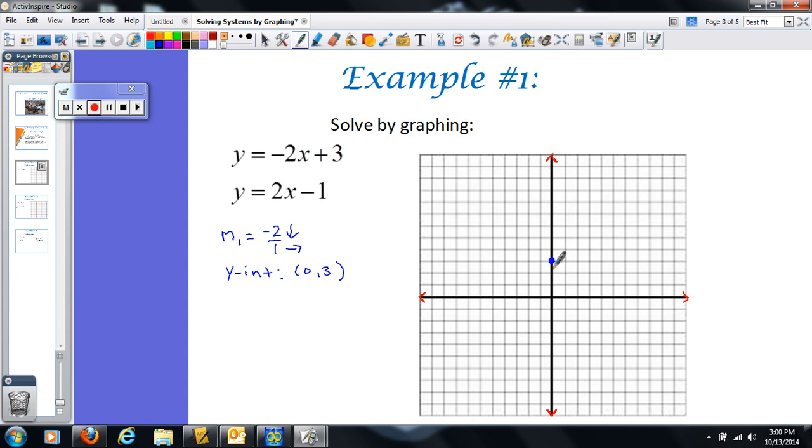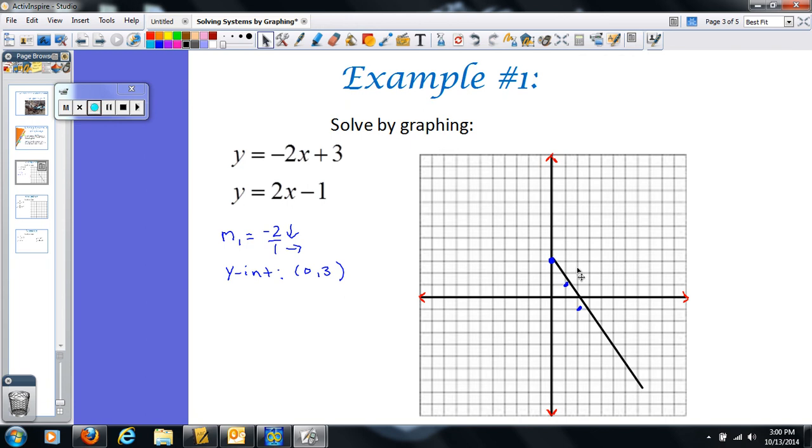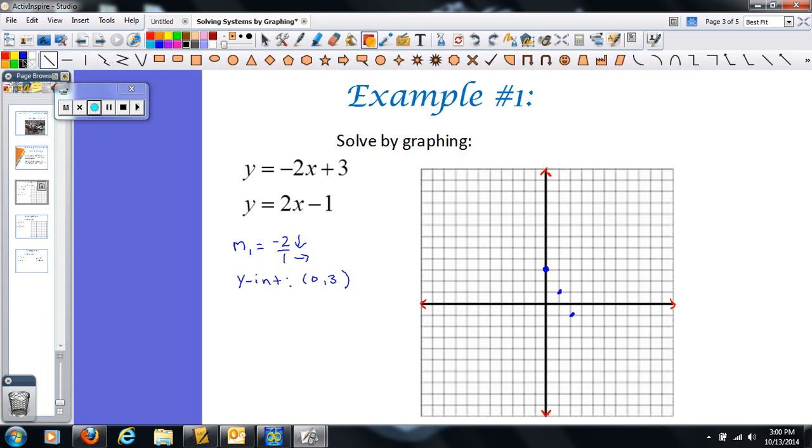And now I'm going to use my slope. So I'm going to go down 2, right 1, put a point, down 2, right 1, put a point. Here's my first line. And we're going to go ahead and connect these dots. Try that again. I don't think it clicked on the blue. Let's try this one more time. Well, apparently it likes to stay black.